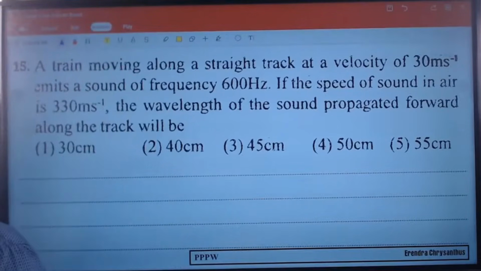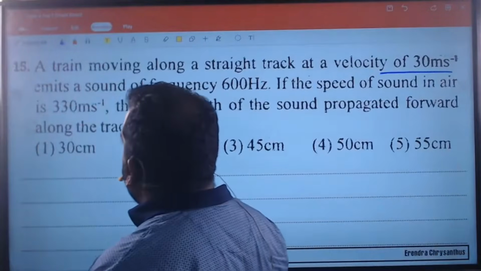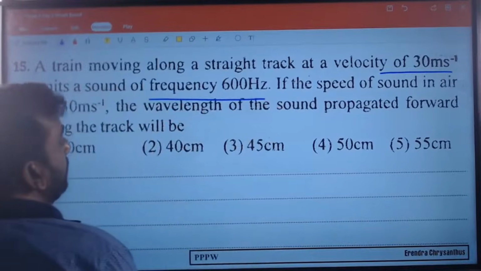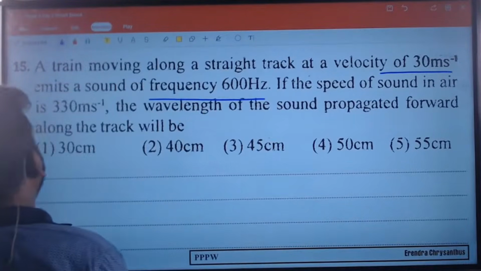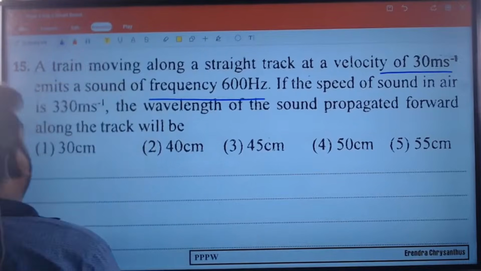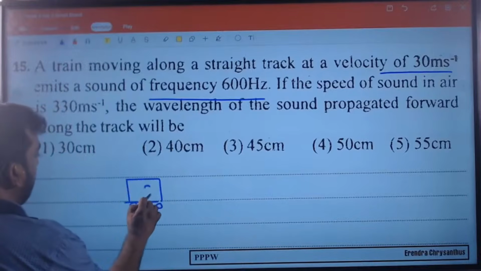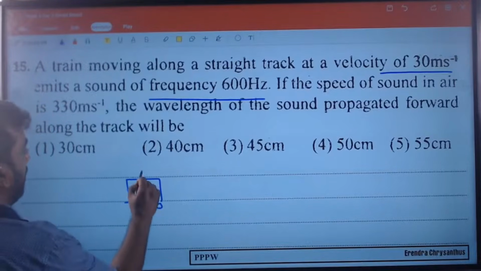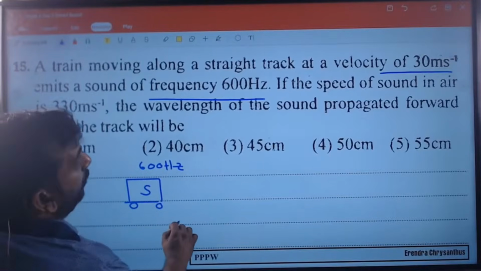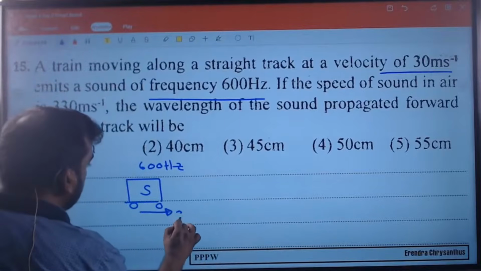A train moving along a straight track at a velocity 30 meters per second emits a sound of frequency 600 Hz. If the speed of sound in air is 330, the wavelength of the sound propagating forward along the track will be. So, source is there, making a sound of frequency 600 Hz, traveling along the track with a velocity 30.